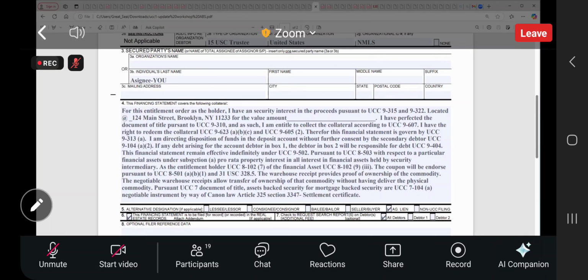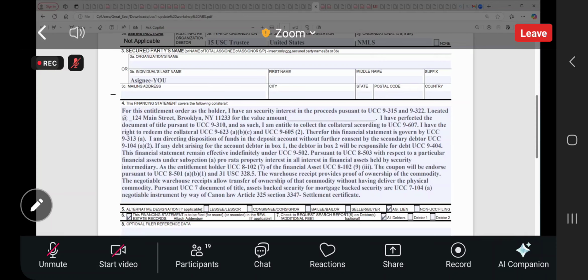You see that in the first line. Located, you put the address. For the straw man, for the value and the amount, I have perfected the document and title pursuant to 9-310. And you look up what 9-310 is. And as such, I'm entitled to collect the collateral according to 9-607. You look up 9-607. And it says I have the right to redeem the collateral, UCC 9-623 A, B, C, and UCC 9-605 too.